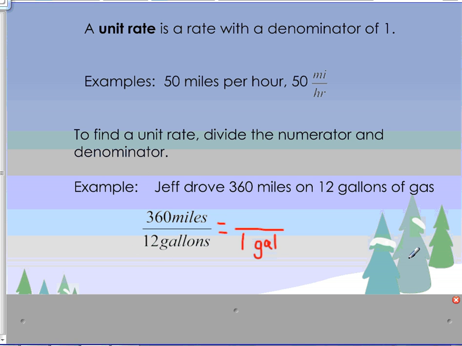All right, so to do that, to get down to 1, we need to then divide these. So then we're going to do 360 divided by 12. And if you do that, you should get 30.